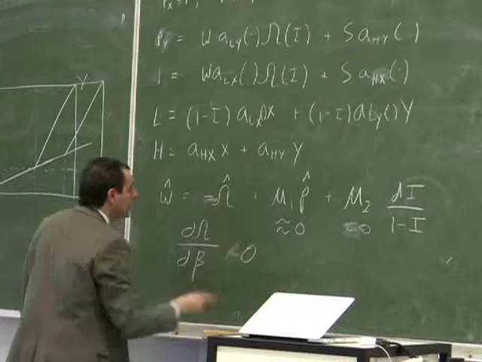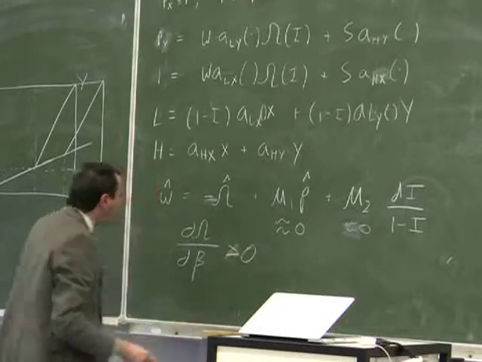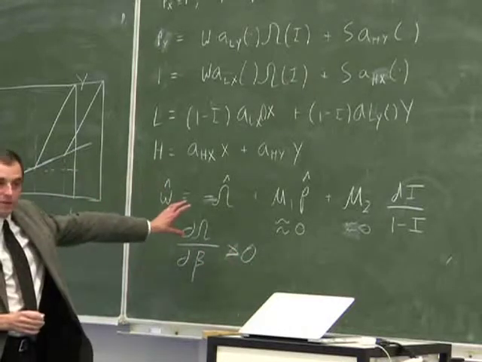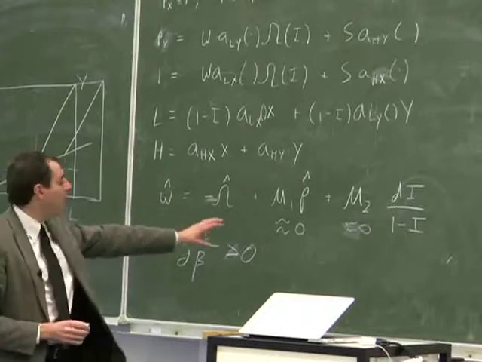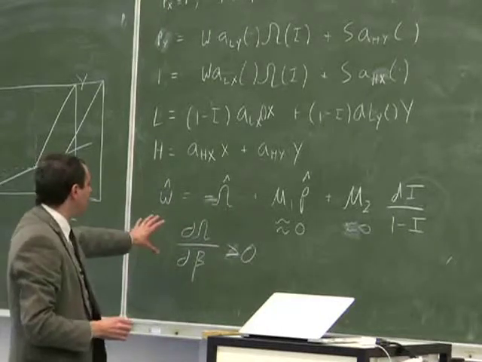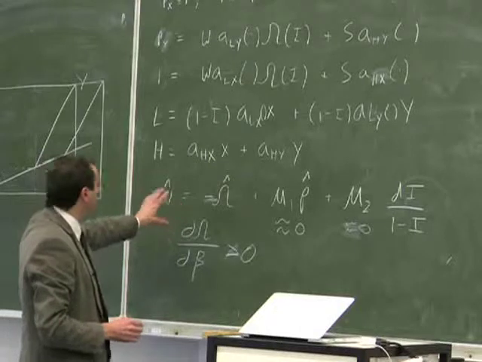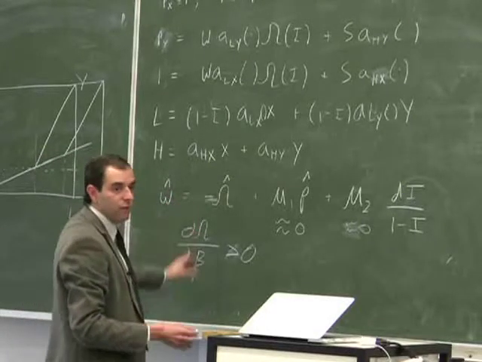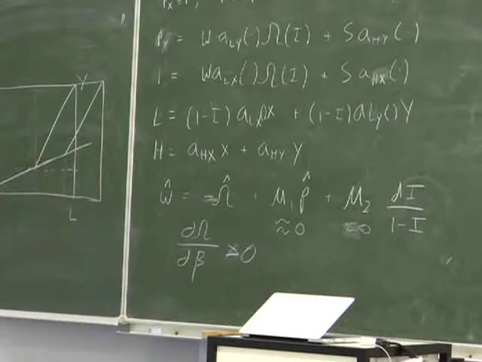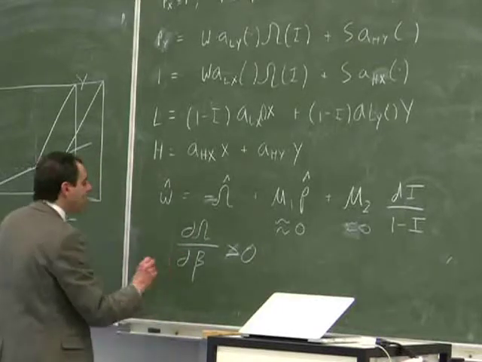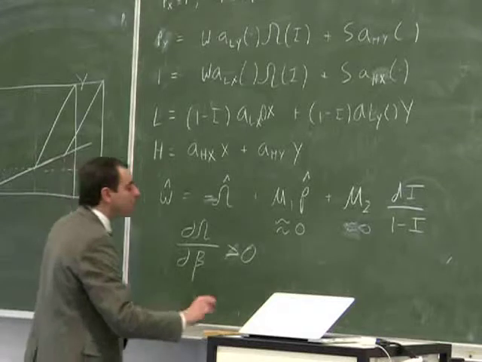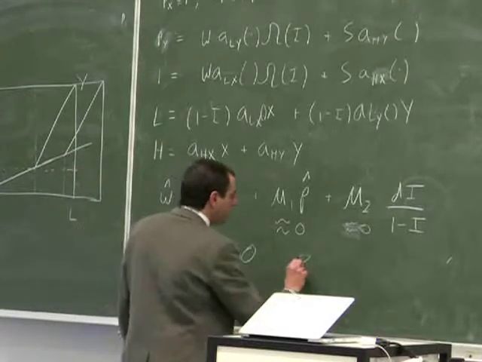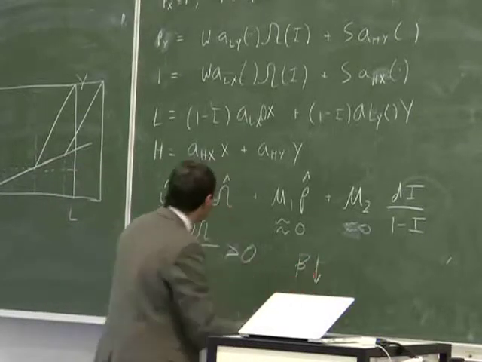So I apologize. This is a measure of our effective costs, excuse me. So when beta is higher, our effective costs are higher. When beta is lower, our effective cost is lower. So imagine that beta is falling, so offshoring costs are falling.